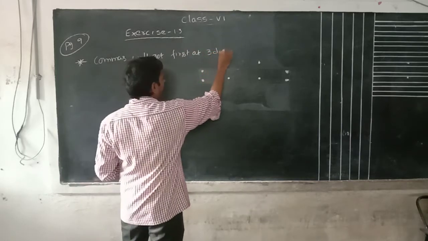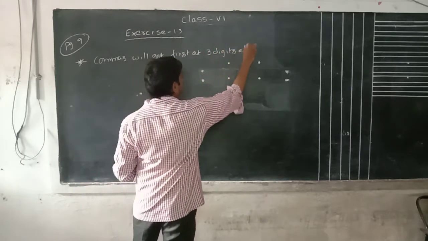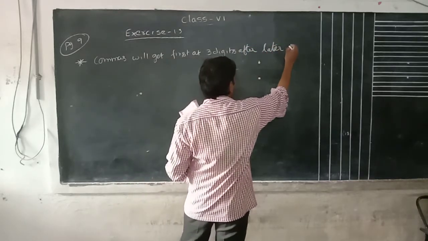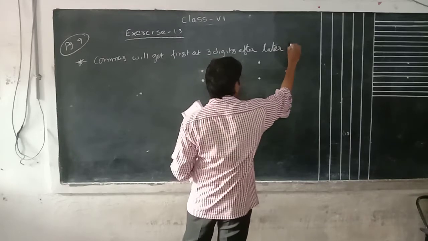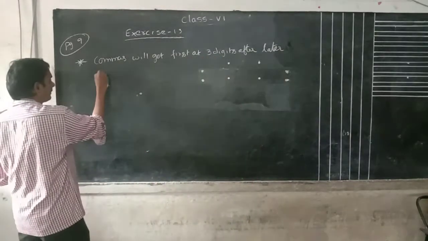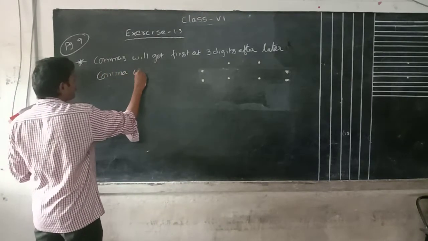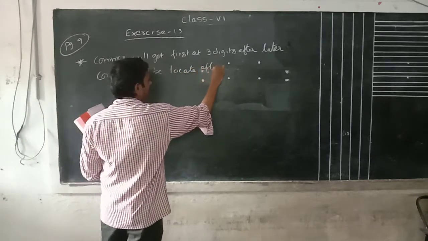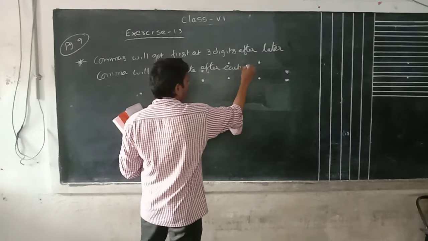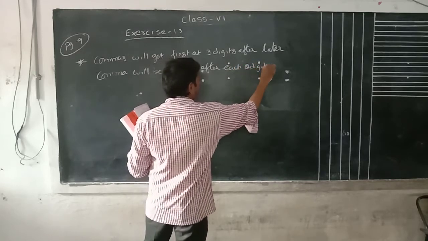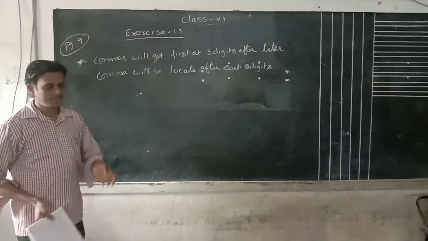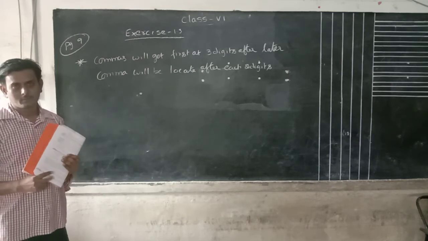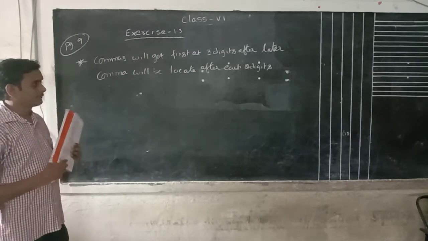Later, commas are located after each 2 digits. Whenever you place commas, it is very important. If you want to place commas in a number according to the Indian system, first you have to start from the right side.